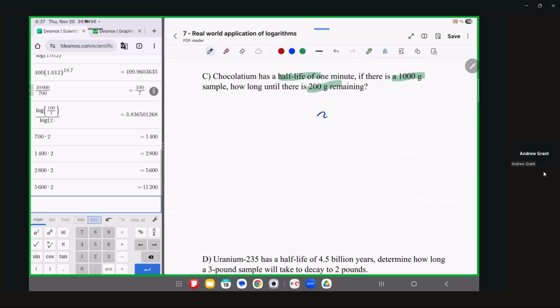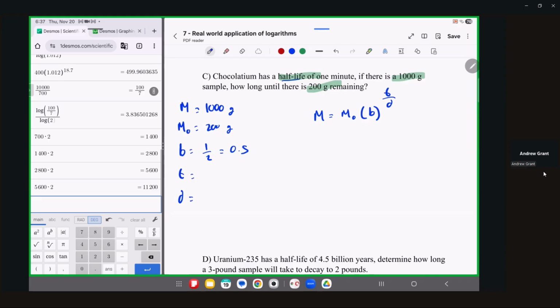So we can use M is equal to M naught times B to the power of T over D. So M naught, B, T, and D. The mass we're going to end up with will be 1,000. M naught is the initial amount, so that'll be 200. B, what's it doing here? Well, this is half-life, so that's going to be 1/2, so we'll call it 0.5.